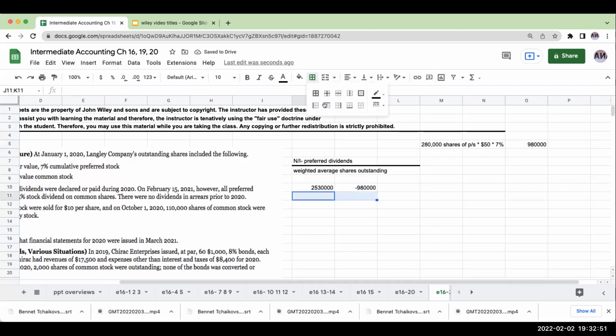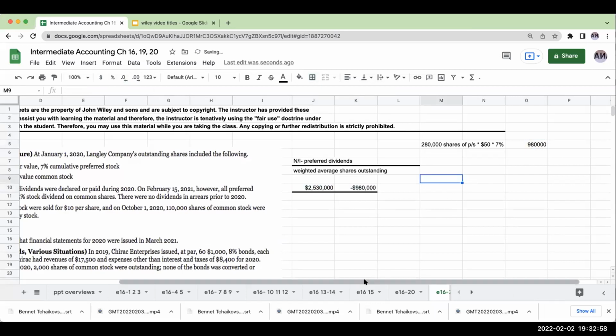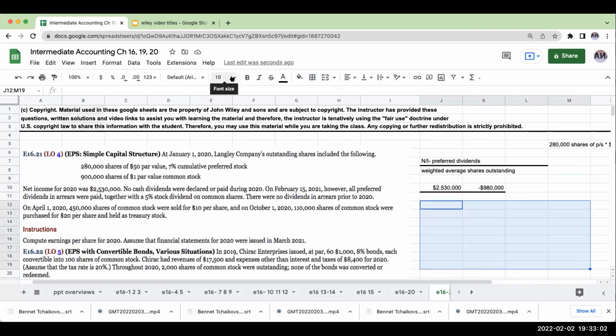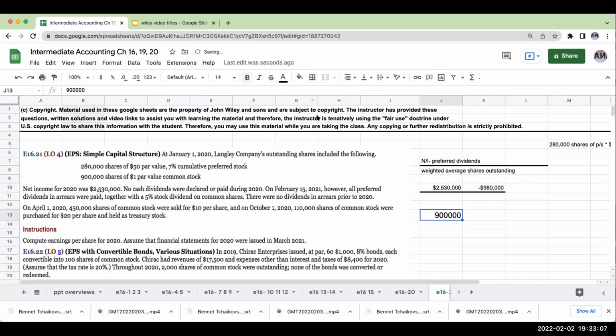So what we now need to figure out is the weighted average shares outstanding. We started with 900,000 shares of common stock. These were outstanding for the entire year, so we're going to put this at 12/12, or from 1/1/20 to 12/31/20.